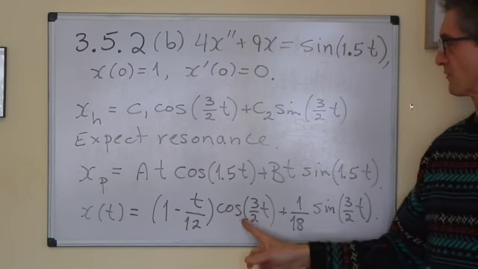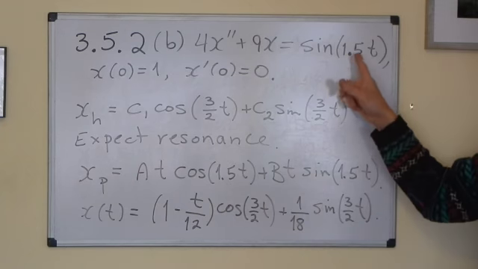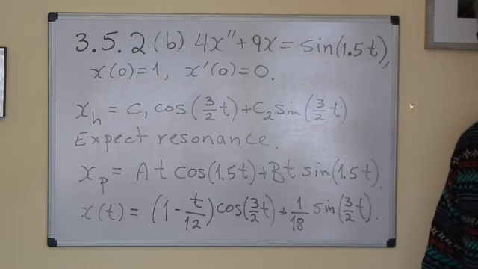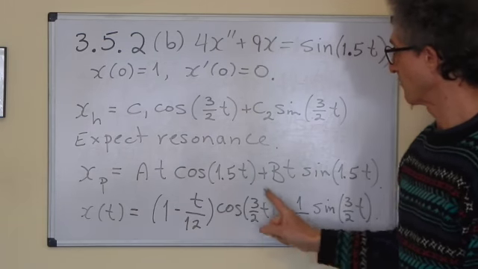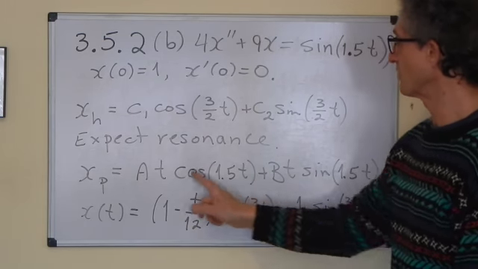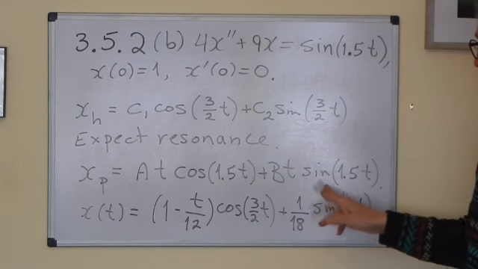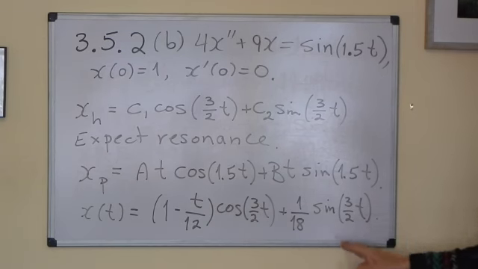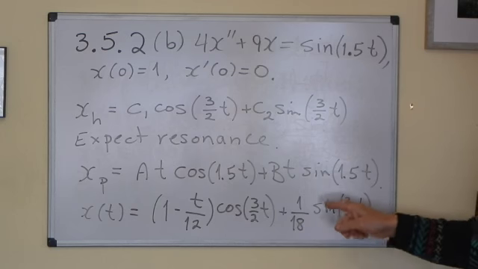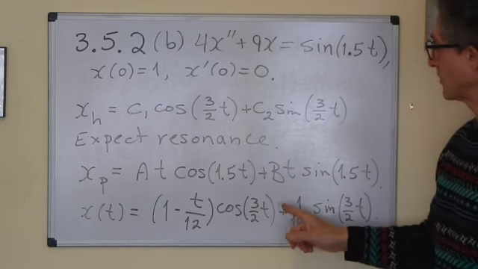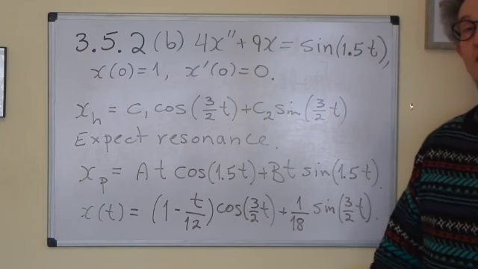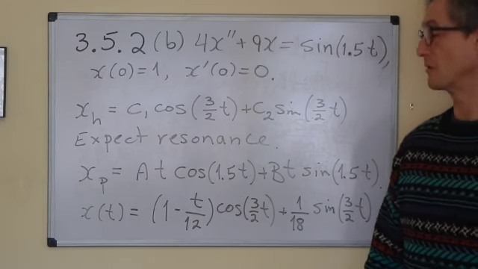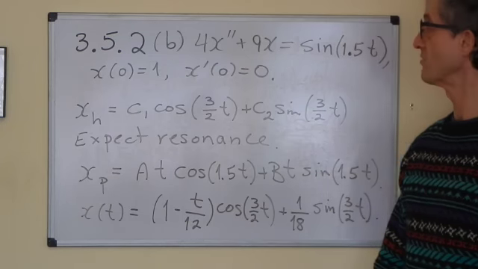The frequency of the solution is the same as the frequency of the right-hand side. And this first term increases in size. The second term, the absolute value of this is at most 1 over 18. But the absolute value of this first term increases with t. And that, again, is what we call resonance.